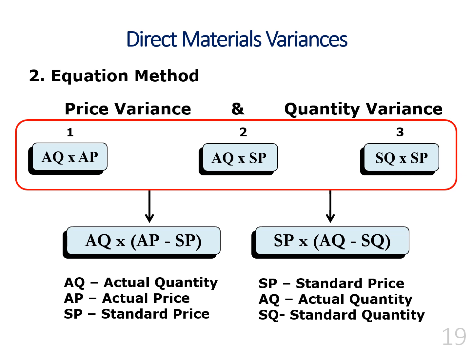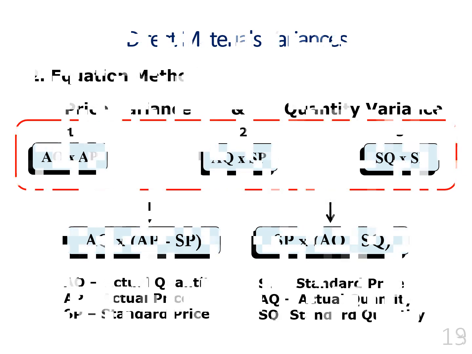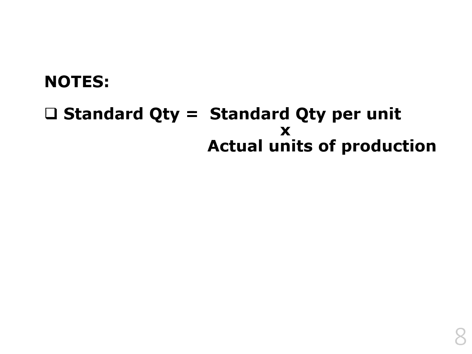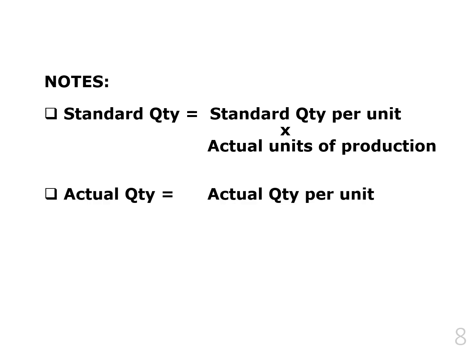This is also from mathematical equation. Notes: standard quantity equals to standard quantity per unit multiplied by actual units of production. Actual quantity equals to actual quantity per unit multiplied by actual units of production.